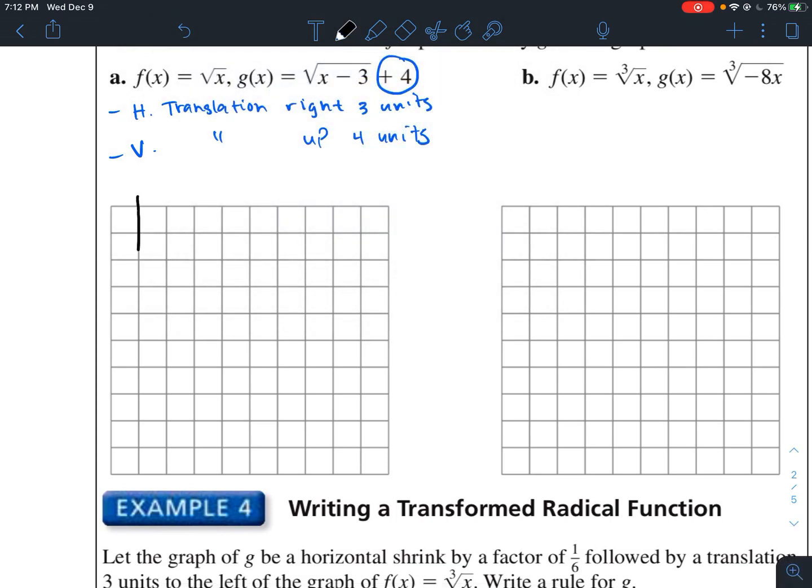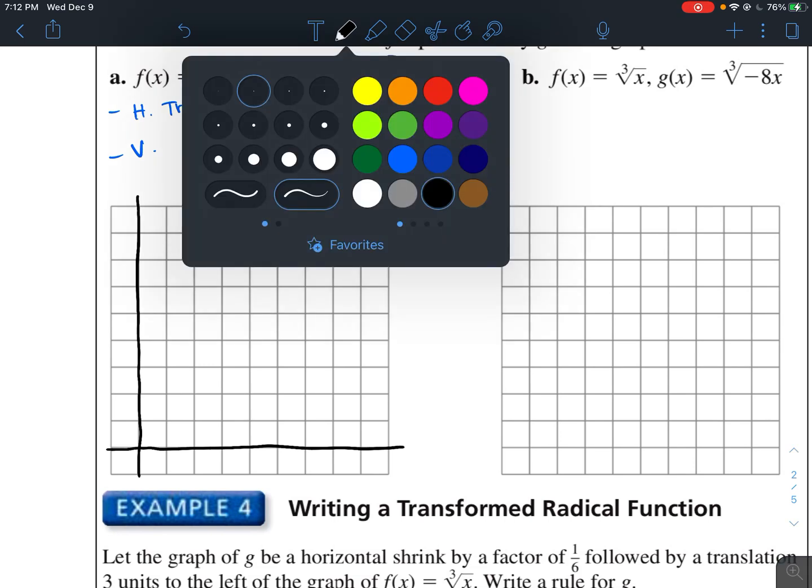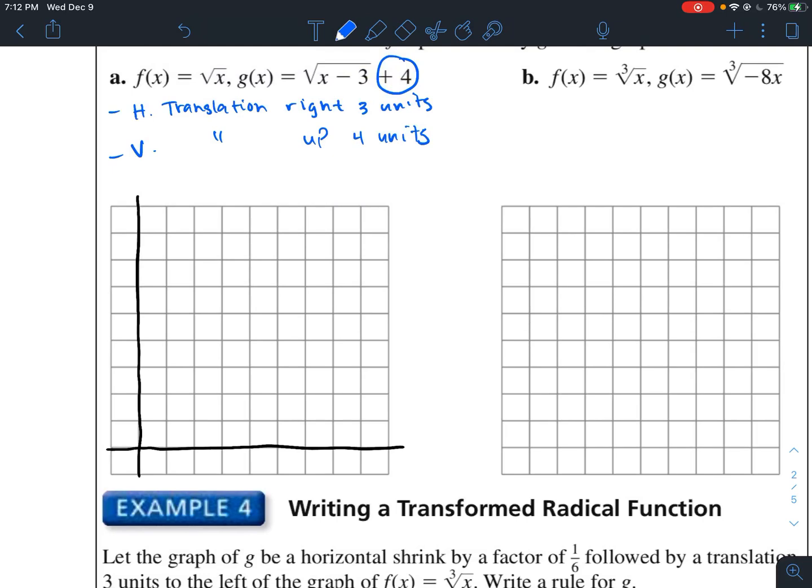So again, this is a square root function, and we're moving to the right and then up. So I'm just going to draw my x and my y axes just like that. So I know the parent function starts here, goes out like this. Okay.